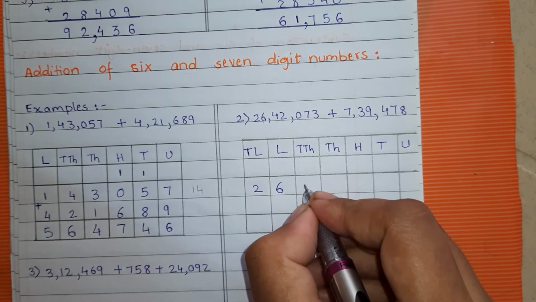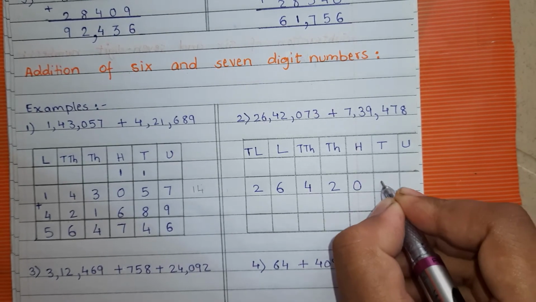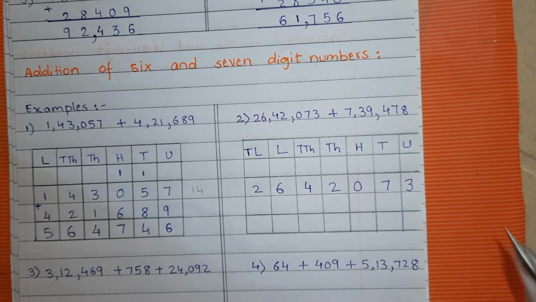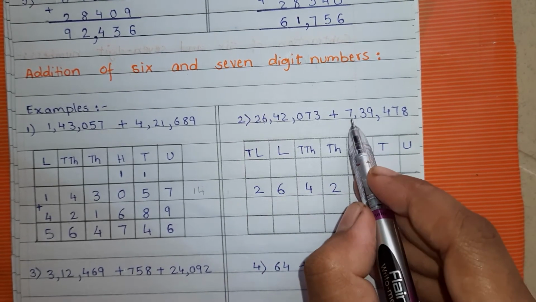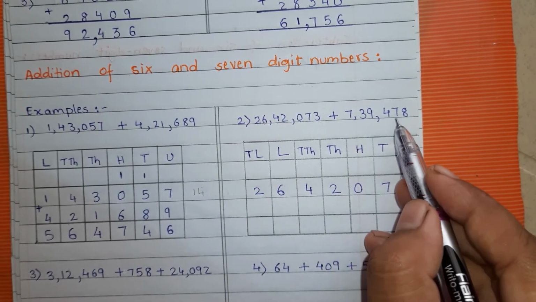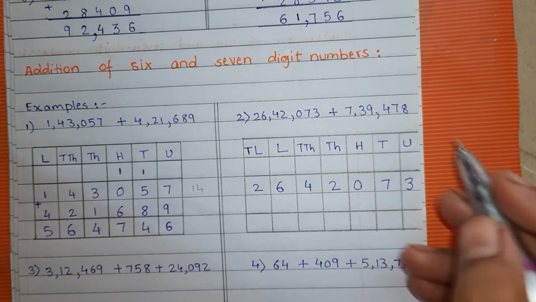26 lakhs 42,073. Now see here, we have written 7 places, but this is a 6-digit number. So always start writing in the reverse order.